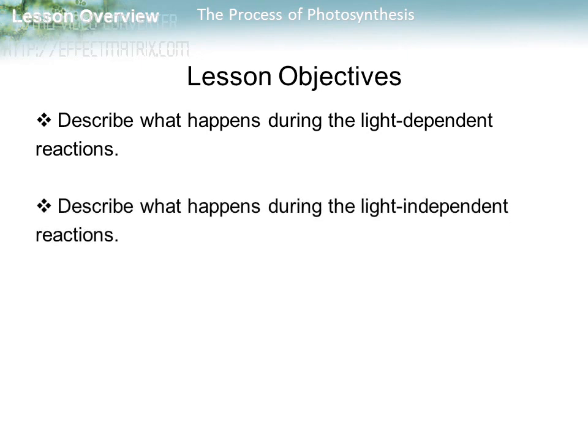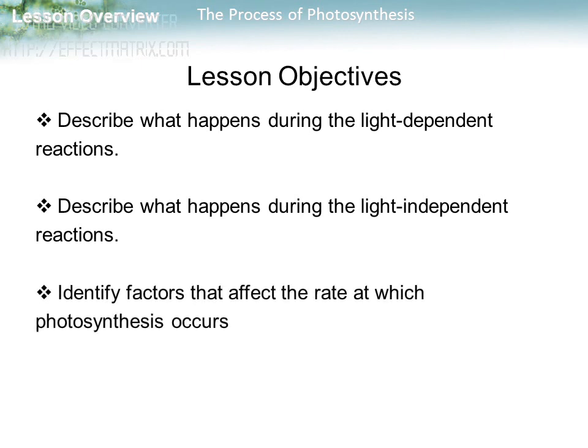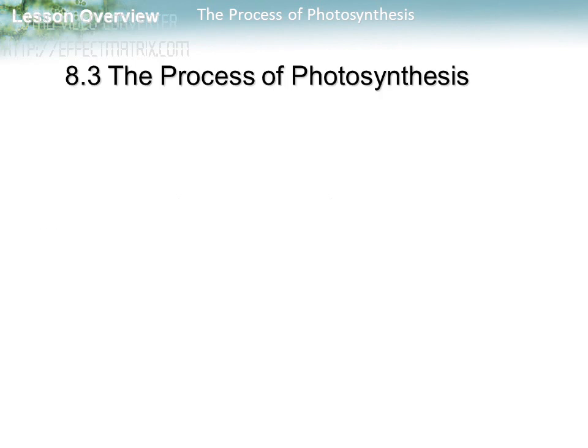Second, you should be able to describe what happens during the light-independent reactions. Thirdly, you should be able to identify factors that affect the rate at which photosynthesis occurs. Students, you can find this lesson in your textbook, pages 235 to 241.